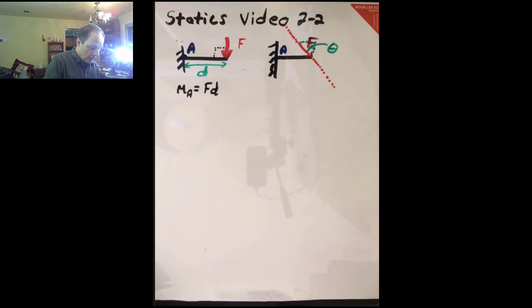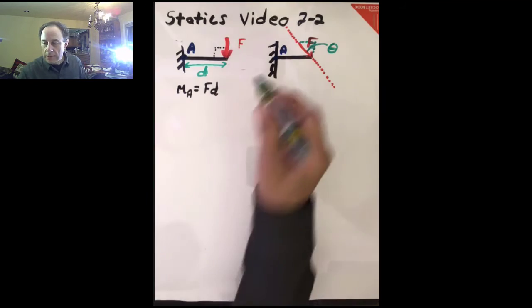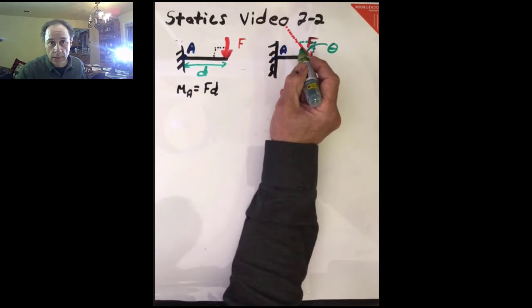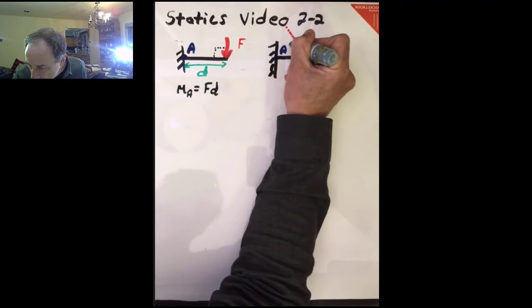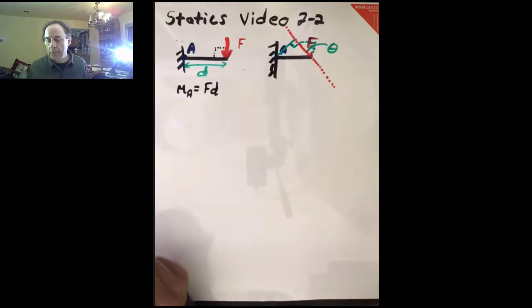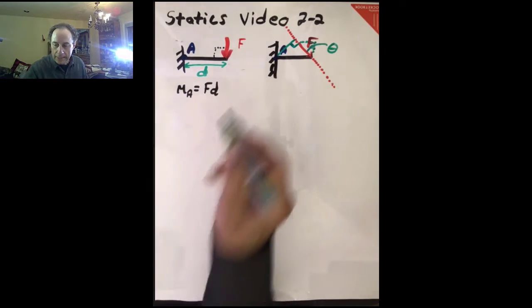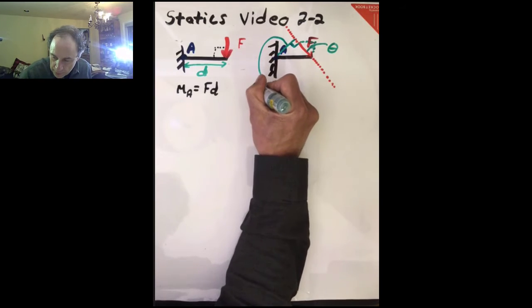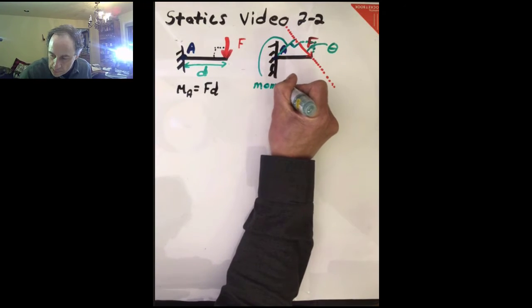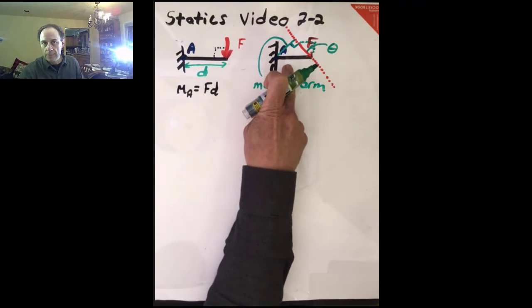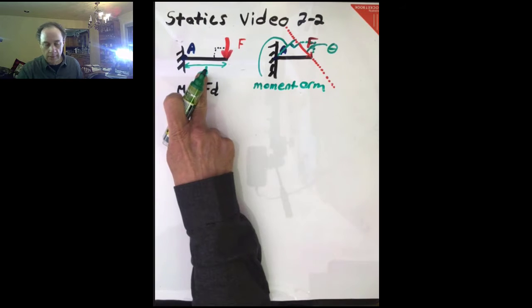So the perpendicular distance in this case is going to be right about here. This is the moment arm for this case, and it's not going to be the same as D.